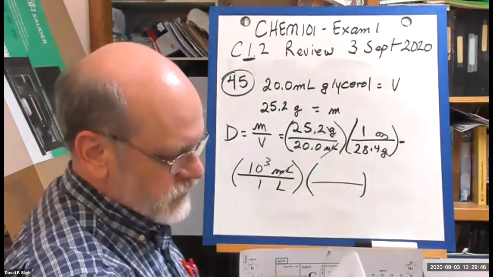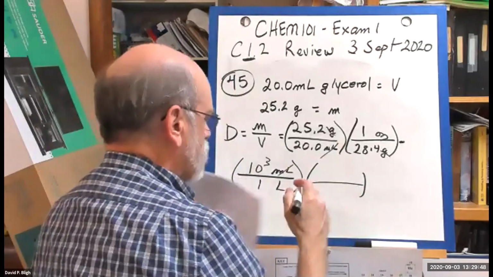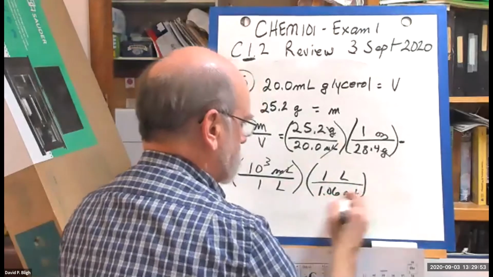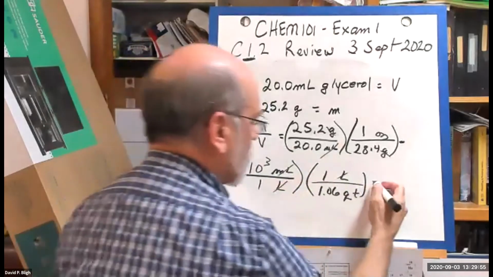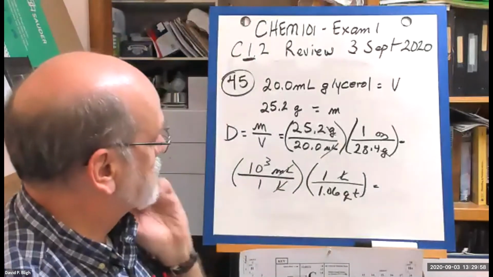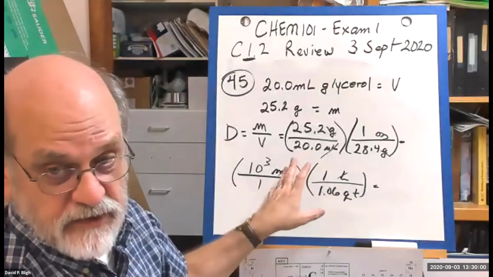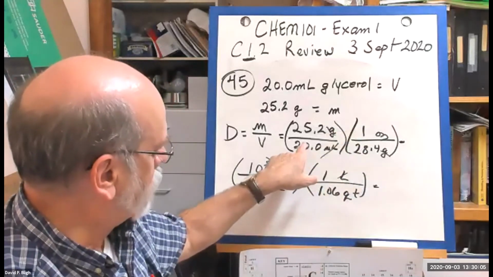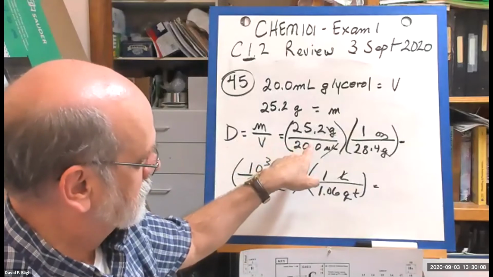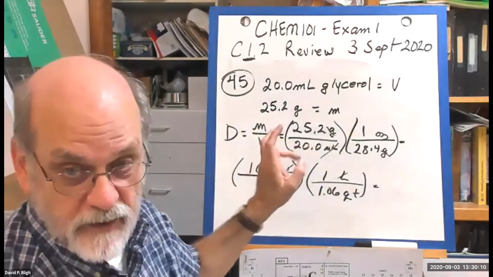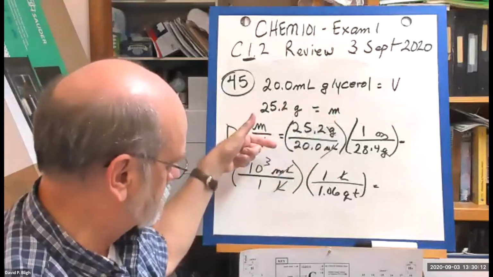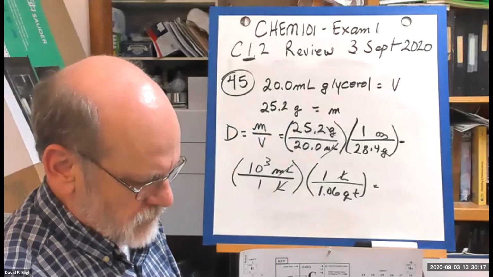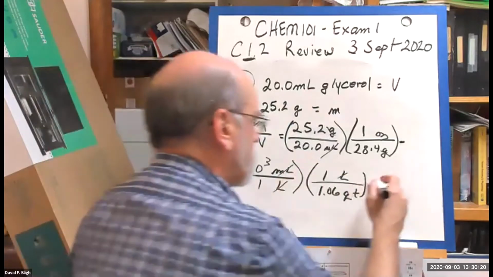Now we can use our conversion factor. 1.06 quarts is 1 liter. There we go. Now we've analyzed the dimensions and made sure that they're right, ounces per quart. We started with our density expression, and now all you have to do is the math. Run the calculator, and the answer should be A, 41.9.